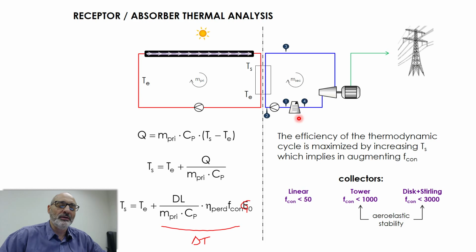Because the lower temperature here is fixed, it's the environmental temperature, and the maximum efficiency depends only on the higher temperature, T3, which is close to TS. So if we have a very high TS, we're going to have a very high T3; at the limit they can be the same, and by increasing T3, we're going to increase the overall first law efficiency.